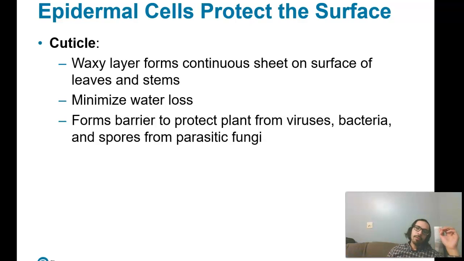And it also forms a barrier to protect the plant from things like viruses, bacteria, and spores from parasitic fungi. So that waxy cuticle, those are also important ingredients in things like car wax or lipstick and things of that nature.